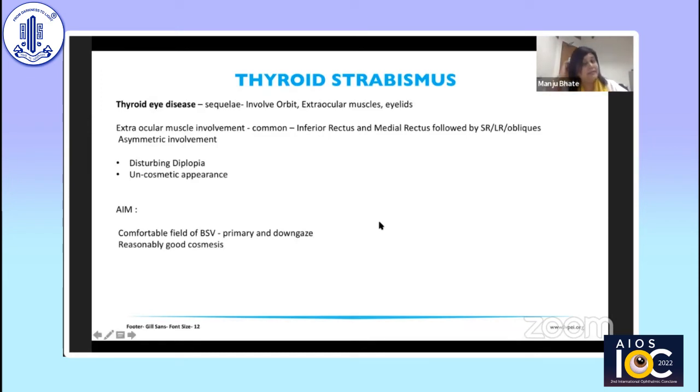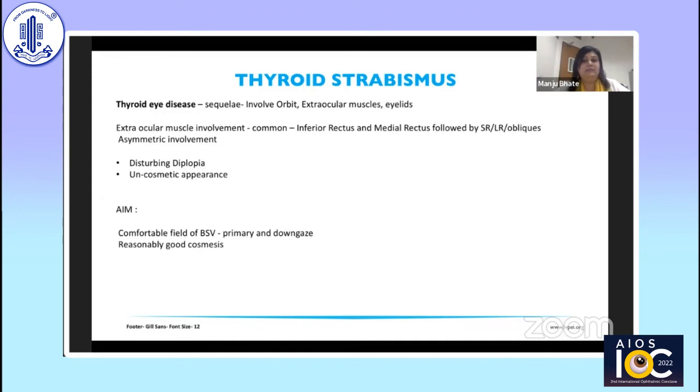Thyroid eye disease, or rather the sequelae of the thyroid eye disease, involves the orbit, the extraocular muscles, and the eyelids. And the extraocular muscle involvement commonly affects the inferior and the medial rectus. And so also all the other recti and the oblique, none is spared. It can be asymmetric, and very often the patient presents with a disturbing diplopia and an uncosmetic appearance.